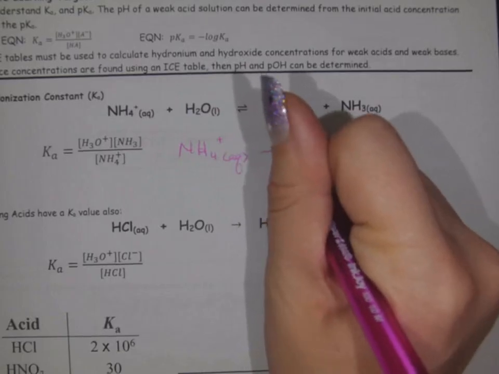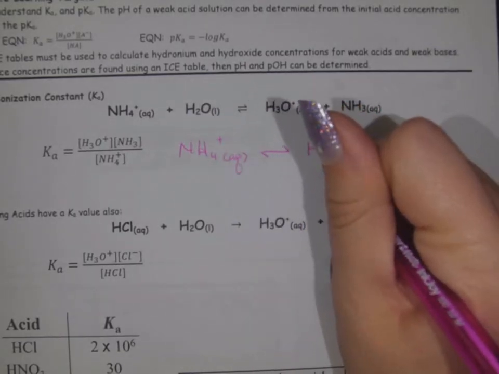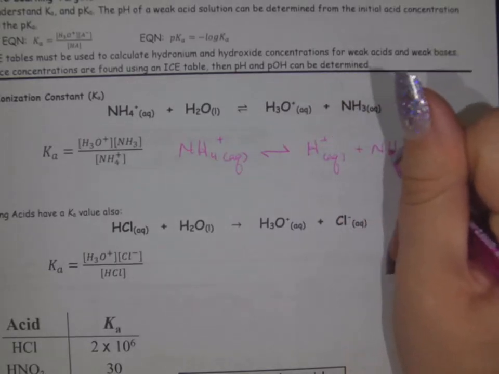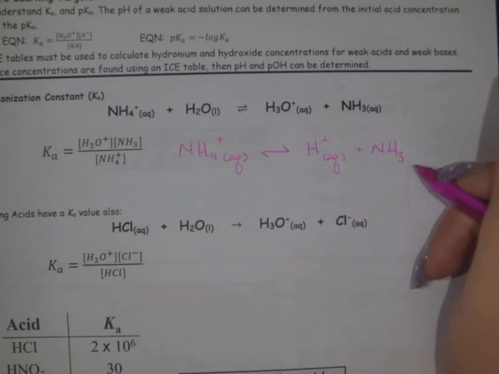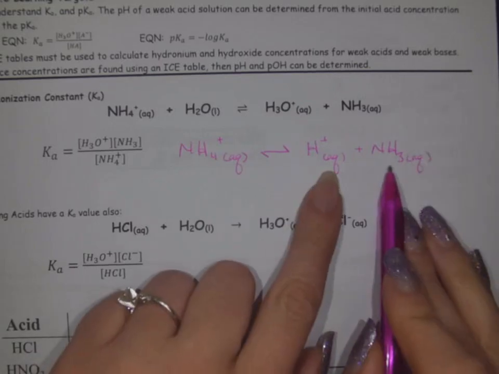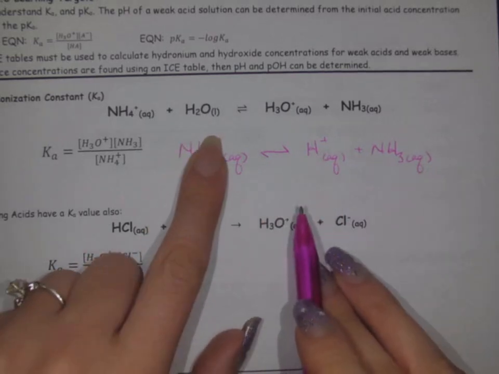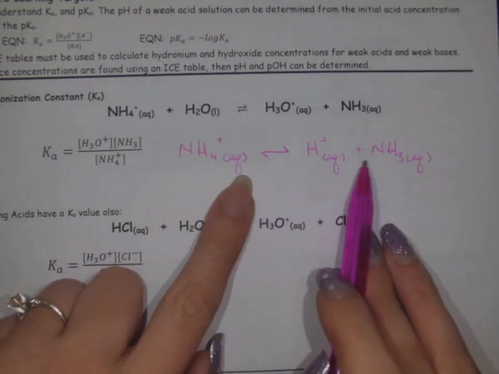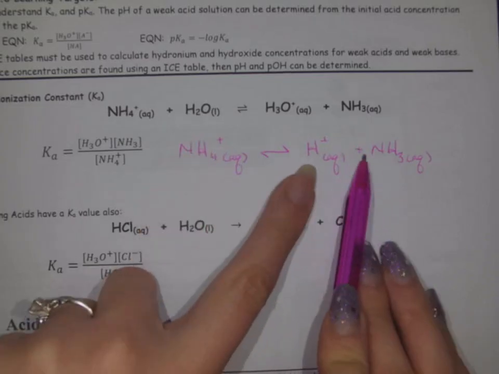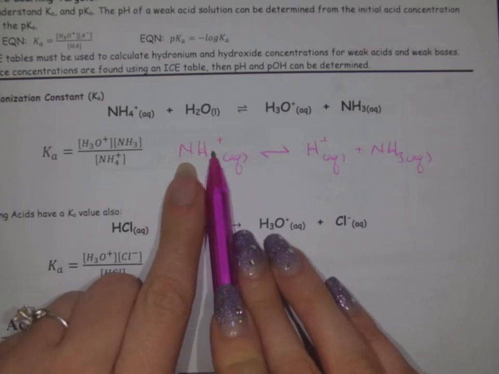We're going to have this back and forth where some of the H plus is there, and then we still have a whole bunch of NH3 aqueous, right? NH3 plus another H plus would give me NH4 plus, and we have this back and forth where all of this doesn't break apart into these things. These things can go back to that, and some of this can just be remaining there.